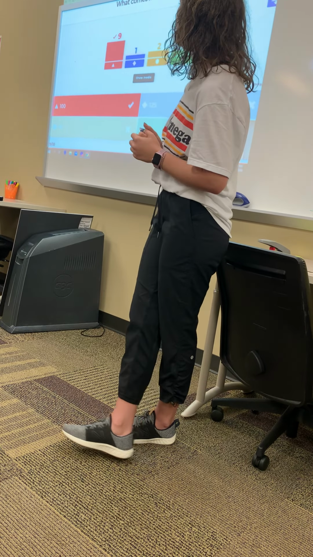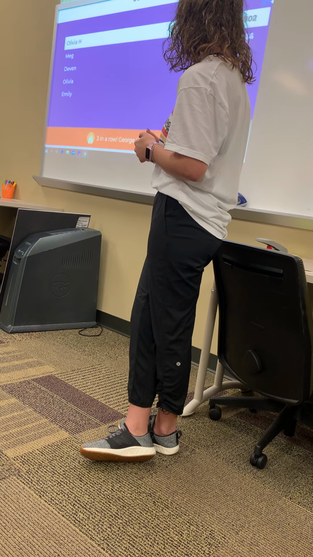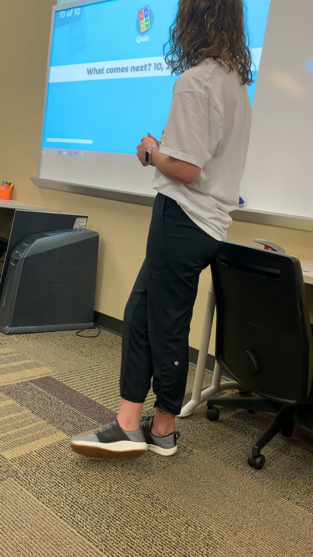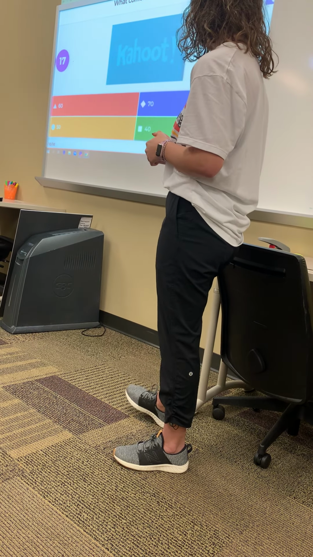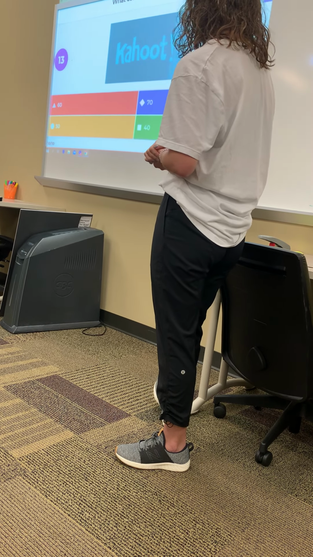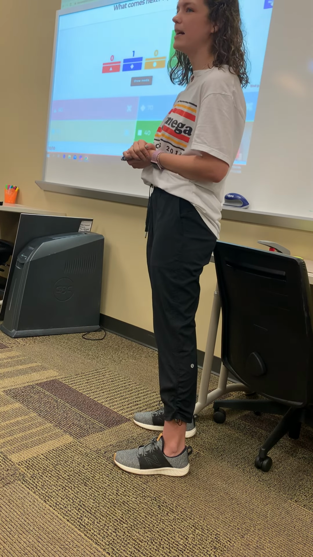Good job, 100. We were skip counting by 25s there. What comes next? 10, 20, 30. Good job, 40. We were skip counting by 10s.